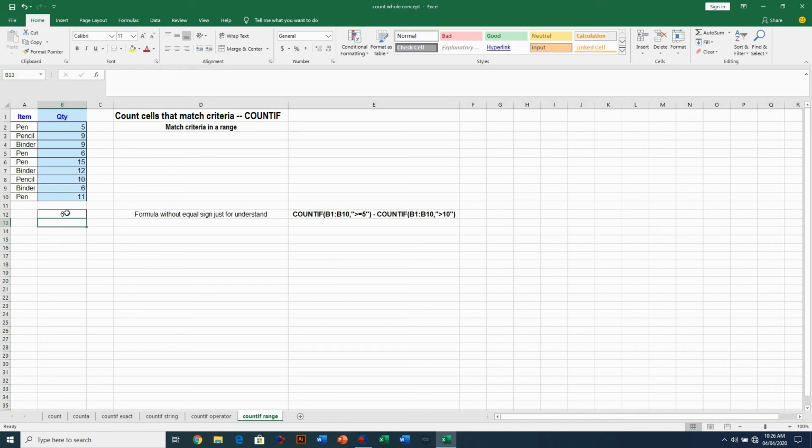So what does it count? It counts the criteria in the range that we gave it.